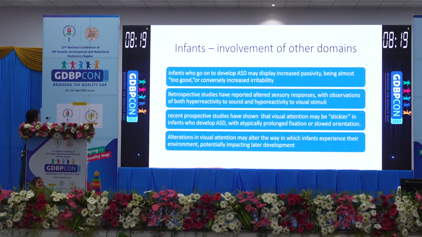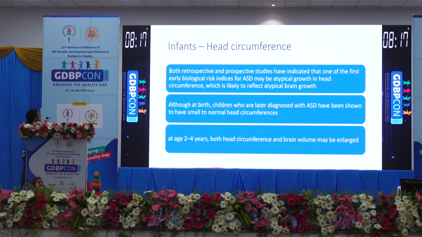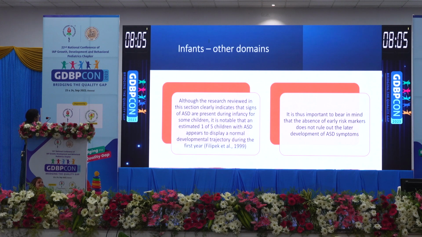The other alteration we can see is in the head circumference. Sometimes it may be normal at birth, but at the age of 2 to 4 years, both the head circumference and volume are sometimes enlarged.